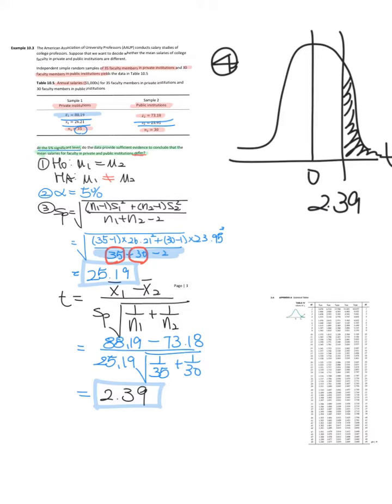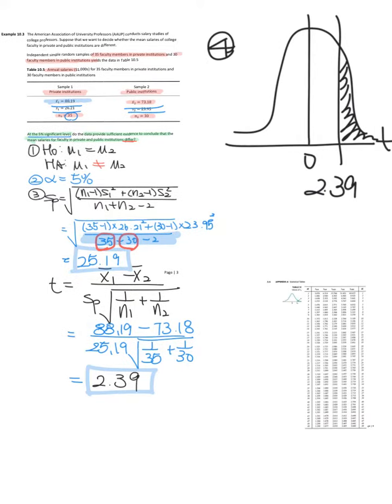Pooled t-test. Let me tell you later why it is pooled. So the degree of freedom is n1 plus n2 minus 2. This makes sense, right? So how many degrees of freedom? 63.